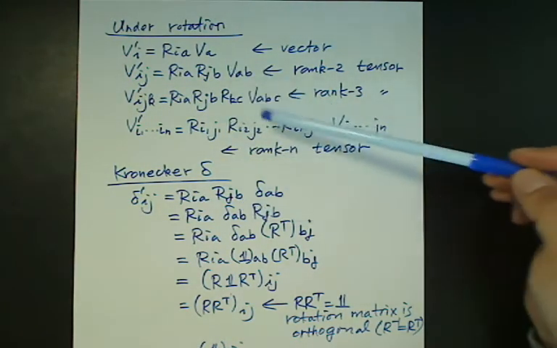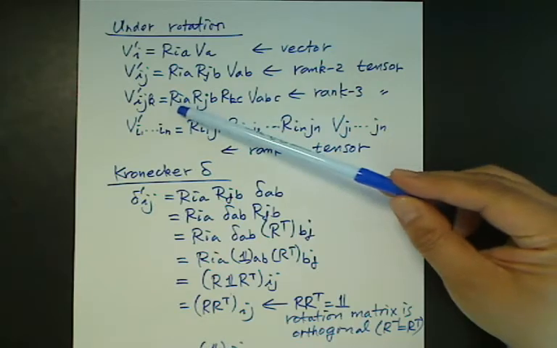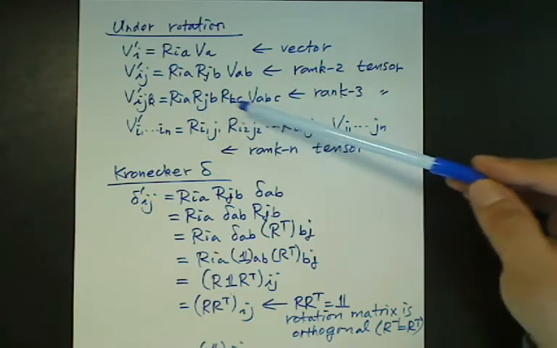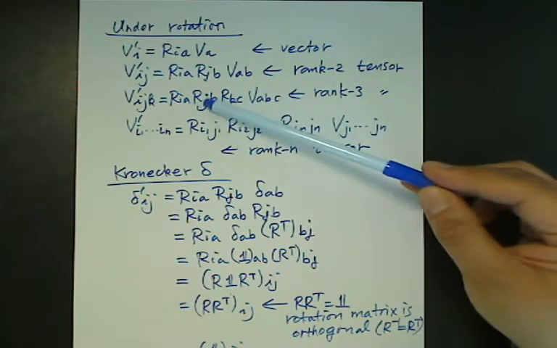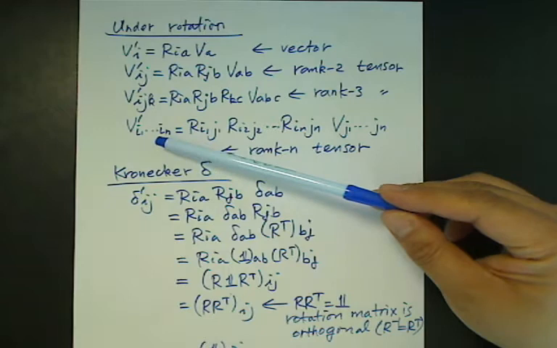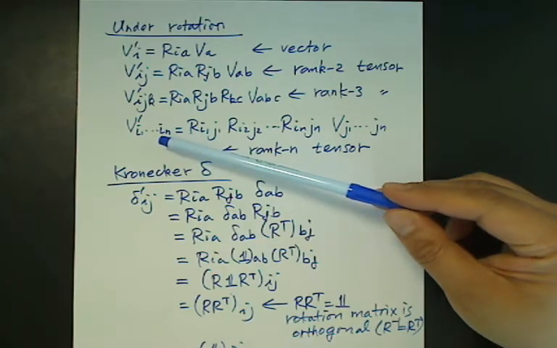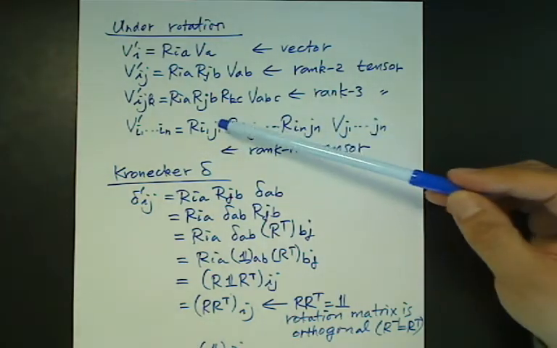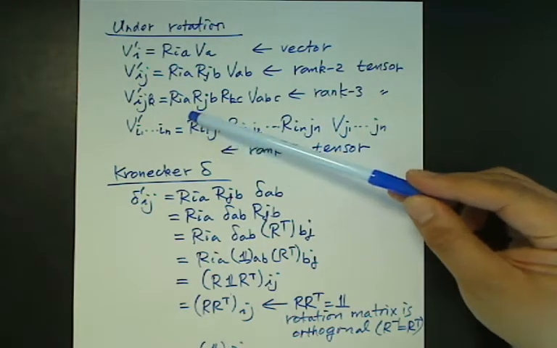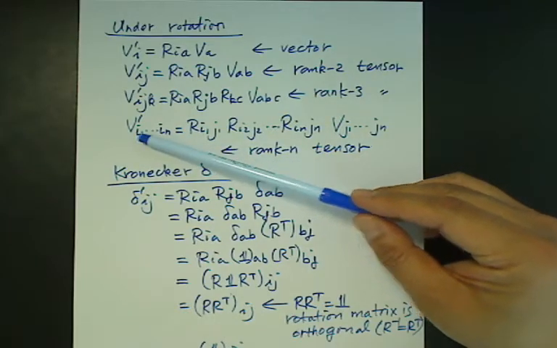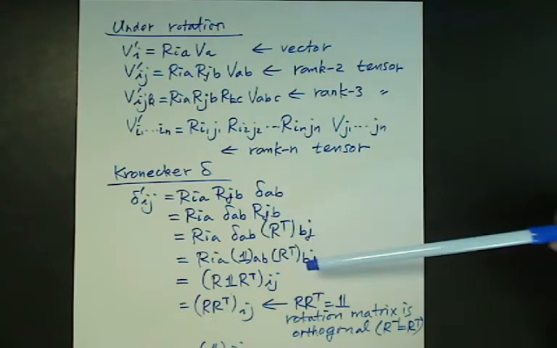In case we have three vector indices, multiplication of the rotation matrix should be made three times, once for each vector index. And in the case of n vector indices, which is the rank n Cartesian tensor, every vector index has a connection to the new vector index with the rotation matrix.